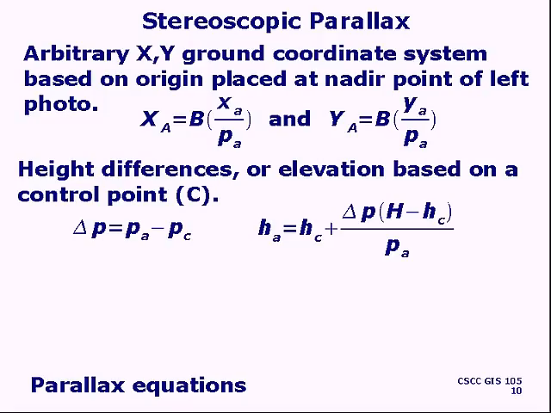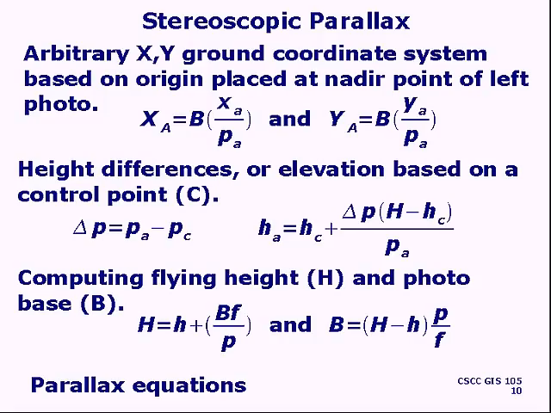Plug in the parallax for A, and what we're going to get is an approximate height for point A. Now, once again, we can set the datum at any given point and come up with delta elevations. You know, if instead of a control point, we just put the bottom of the pole, we could plug that in all these places and come up with a height of a pole based on the datum being the bottom.